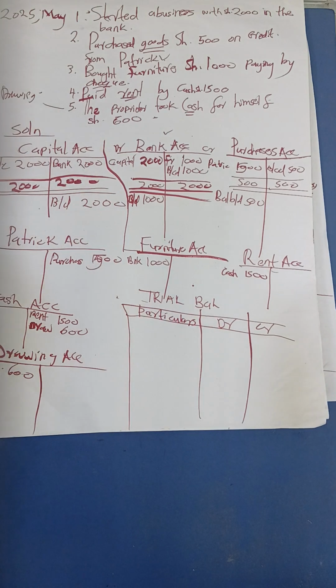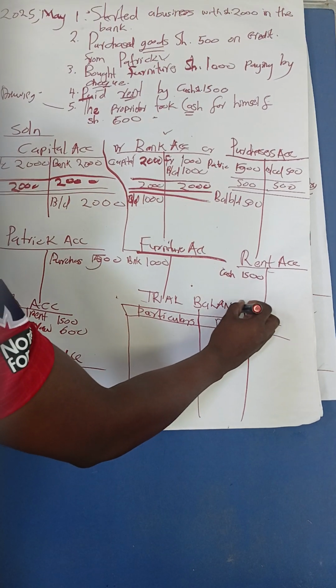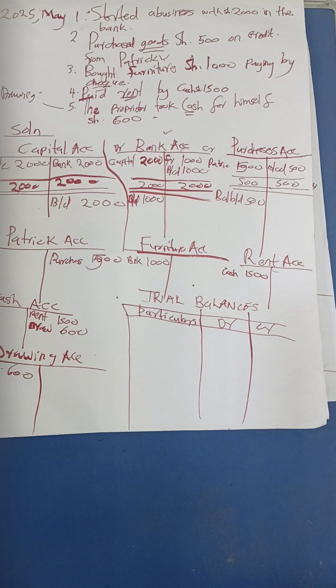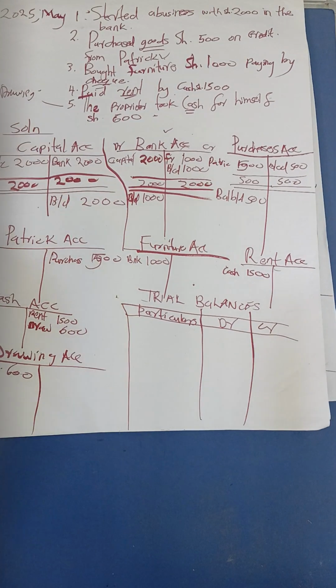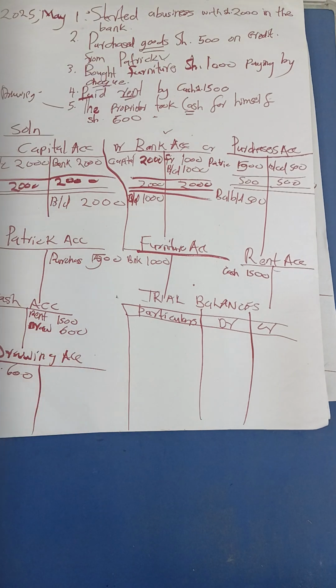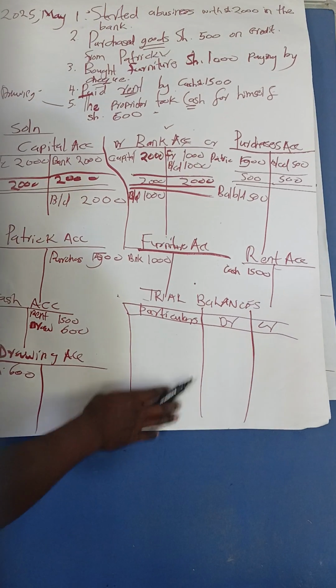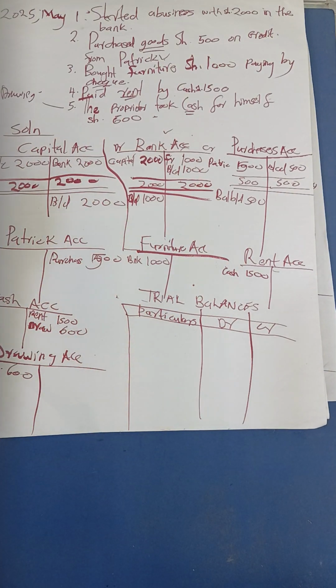Now, I want you to understand something. If you have the dealer formula, and you have balanced your account well, it is easier for you. So, under trial balance, you will just come with what? With the balance brought down. Starting with the capital. After you have balanced your account, you know which account has got a debit balance or credit balance.